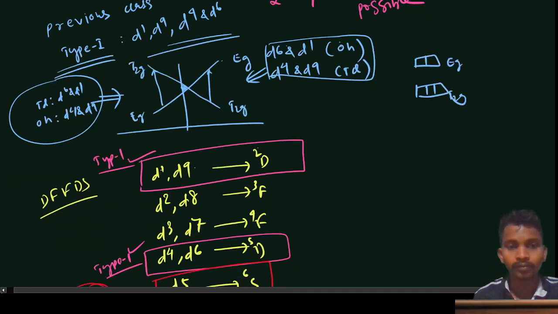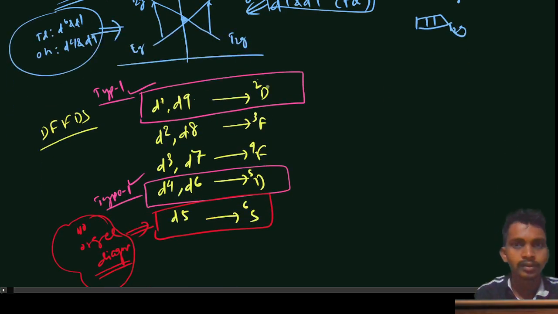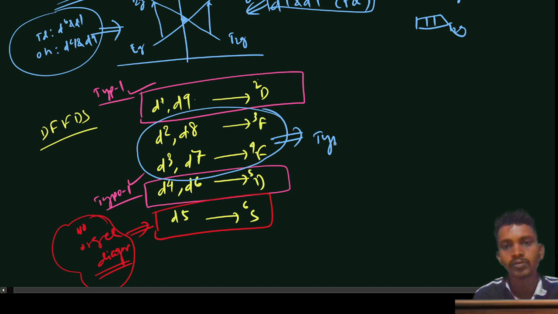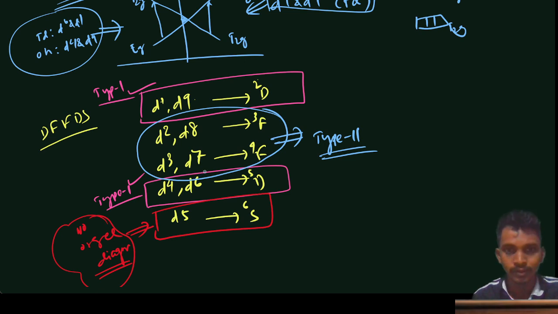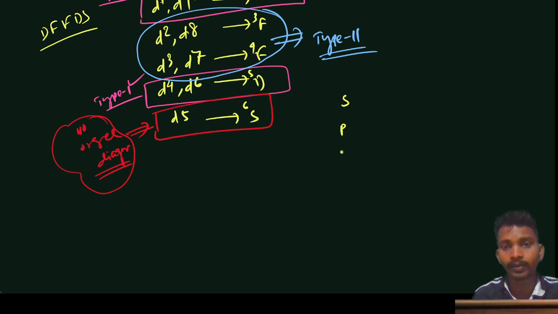And for today's class we will discuss this, which falls in type 2. Also we have seen the spectroscopic terms S, P, D, F. So we have seen the molecular notations for octahedrals and tetrahedrals.